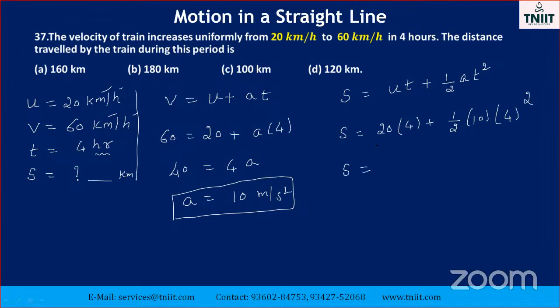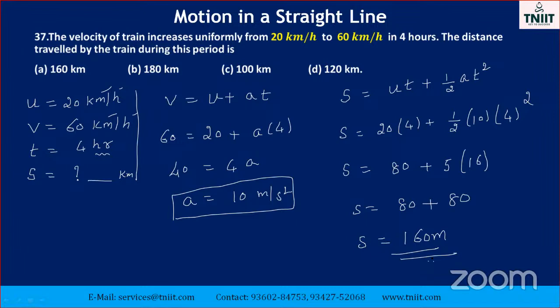So s is equal to 20 into 4 will be 80 plus 10 by 2 will be 5. 4 squared will be 16. So s is equal to 80 plus what is 16 into 5? 80. So what is the distance covered? 80 plus 80 will be 160 meter. So what is the distance covered? 160 meter.